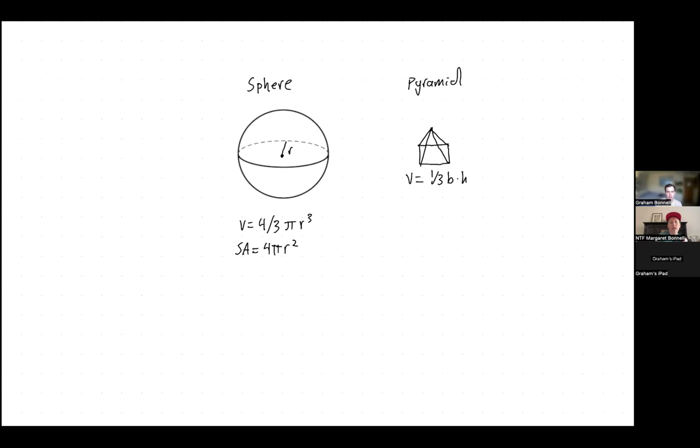That can't be. Capital B though, capital B. Where this B is, you kind of have to find its own area. It's the area of the base, which is base times height, lowercase.